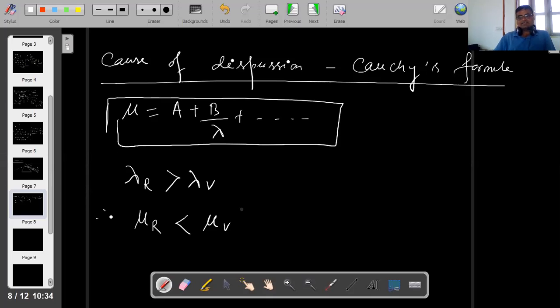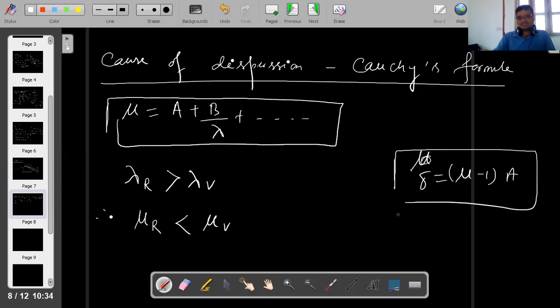If refractive index is less here, what will happen to the deviation? Deviation delta is equal to mu minus 1 into A. Already I have derived this. So you see that if refractive index is more, deviation is more. Understand this or not? So whose deviation will be more?